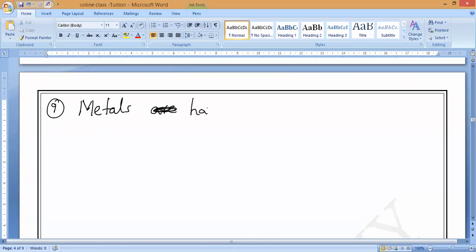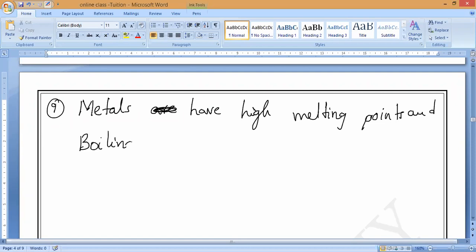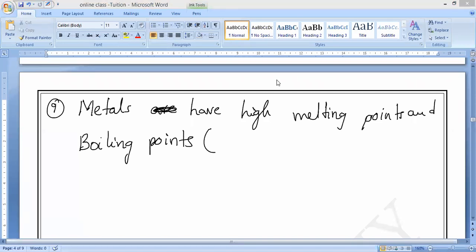Metals have high melting points and boiling points, except two metals. What is that? Not mercury, mercury also has a high boiling point. Except sodium and potassium. Understand?